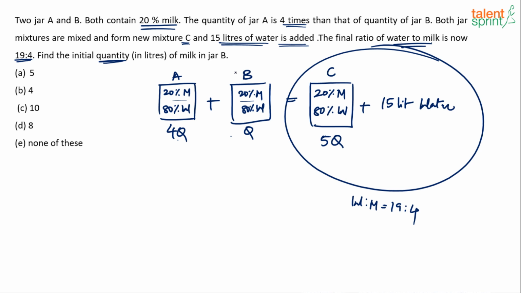Jar A, jar B, 20% milk, 80% water in both of them. Quantity of jar A is 4 times the quantity of jar B. When you add, you get this, but we are adding 15 liters of water to it. Overall, the ratio of water to milk is 19:4. And then based on this data, something has to be evaluated: the initial quantity of milk in jar B. How will you do this? Tell me.